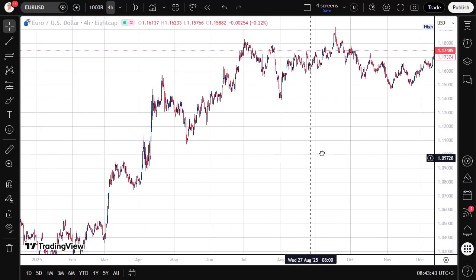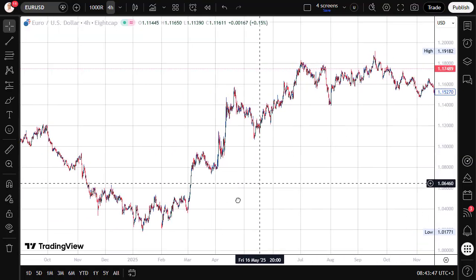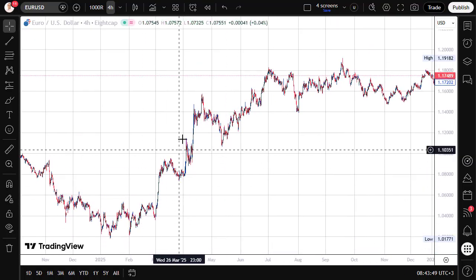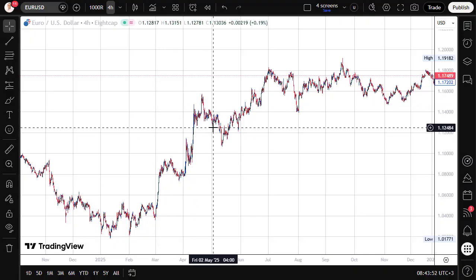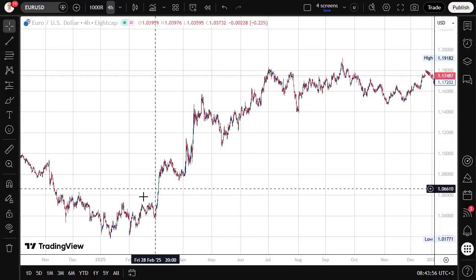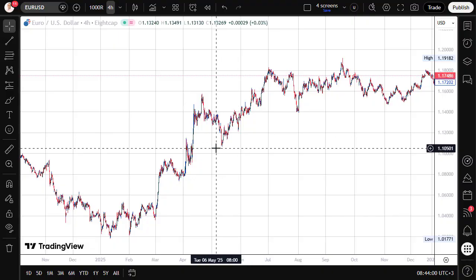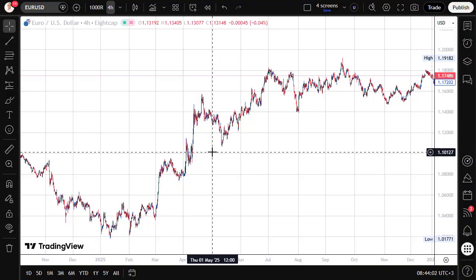Let me show you this during a trending phase. You see the market is doing a series of higher highs and higher lows. We have clean pullbacks and we have a respect of the structure over here. Now let's take a typical setup, a pullback entry.